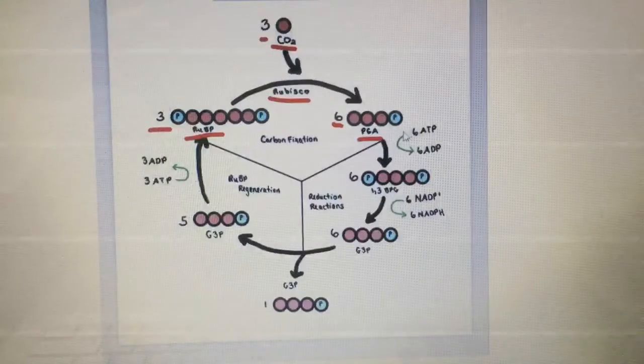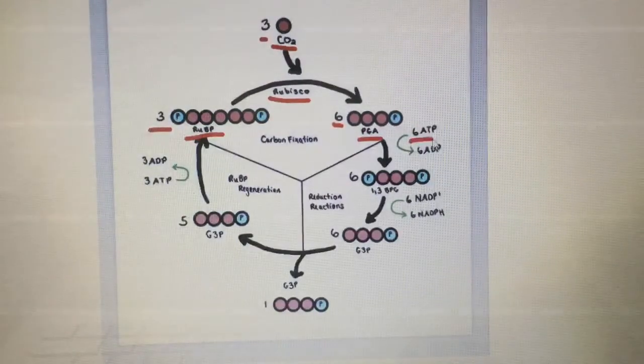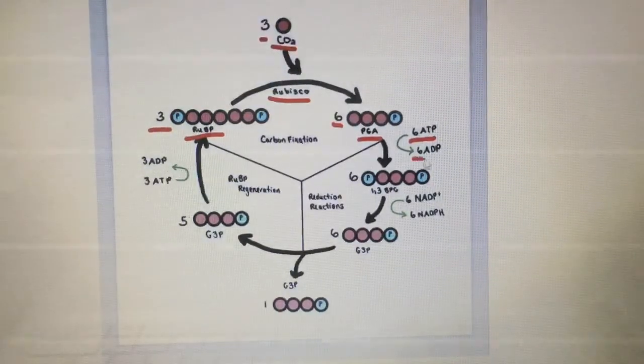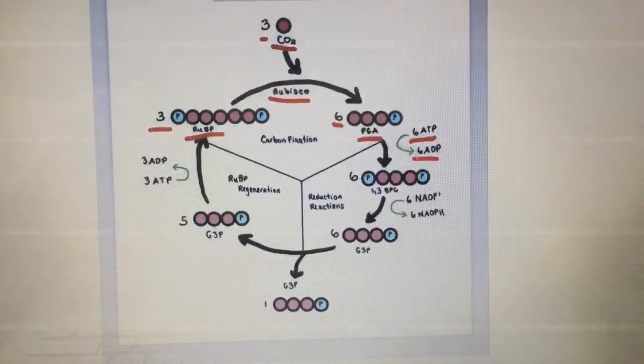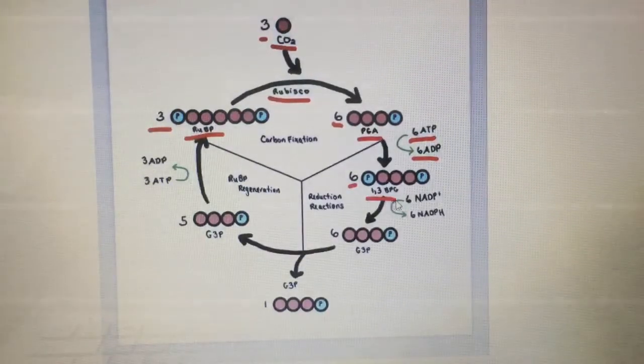Then these 6 molecules of 3-phosphoglycerate will be phosphorylated, which needs 6 molecules of ATP. These 6 molecules of ATP will form 6 molecules of ADP. This reaction will form 6 molecules of 1,3-bisphosphoglycerate, as you can see.